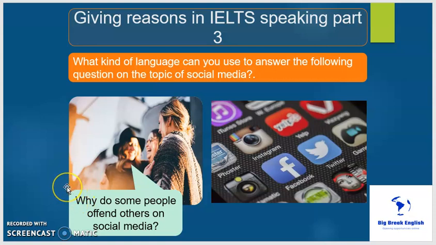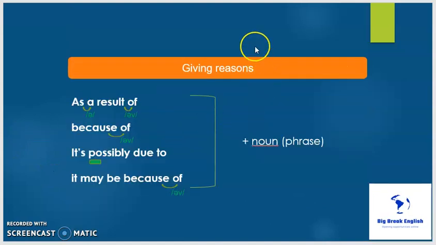So if the examiner asks you a question like this, he or she is inviting you to use some different language on giving reasons. So let's take a look at a few options.